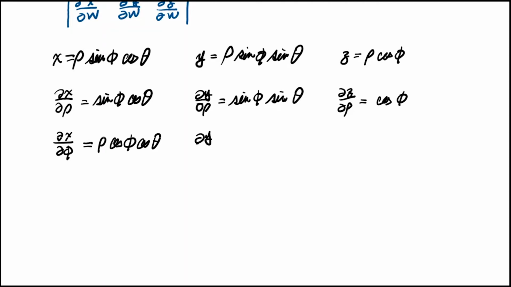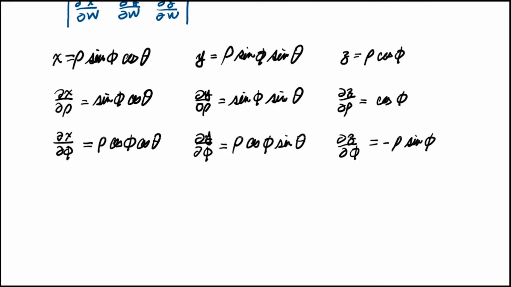And then partial y, partial phi is equal to rho cosine phi sine theta. And then partial z over partial phi is equal to negative rho sine phi.